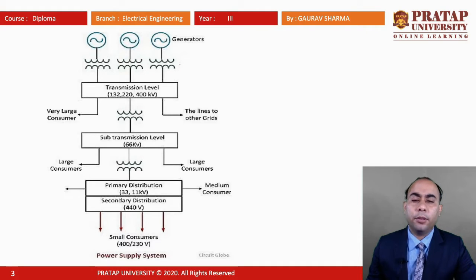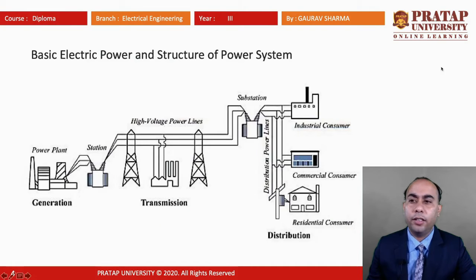The reason behind transmitting at a higher voltage level is to reduce the losses, which are I square R losses. You can understand this from the structure also. Here we have a generating station. From this generating station or power plant, we generate electricity, and then with this transformer we step up to the higher voltage and transmit it.